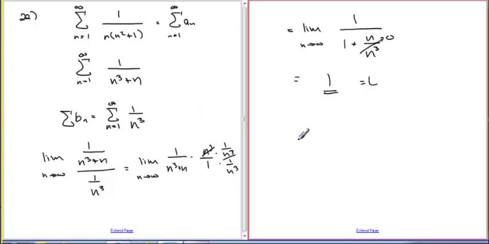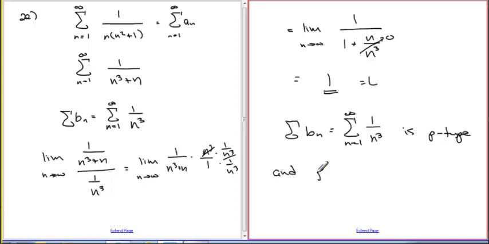So again, if we can prove that this series b sub n converges, which it does because it's a p-type series and p is greater than 1, therefore it converges.